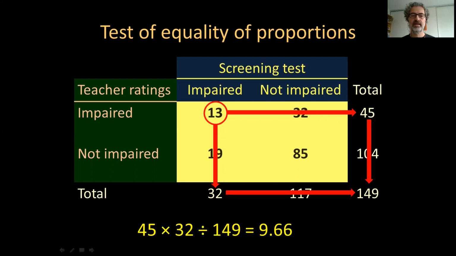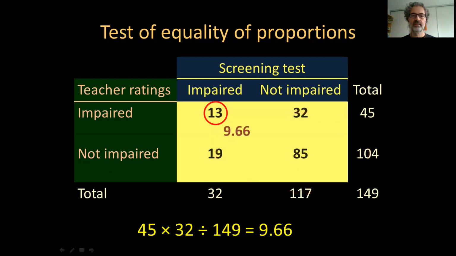And the number is 9.66. This is our expected value for the number of children that should be in this cell, given these marginal sums and the assumption of equal proportions. We retain the decimal number in the expected proportions for all calculations.